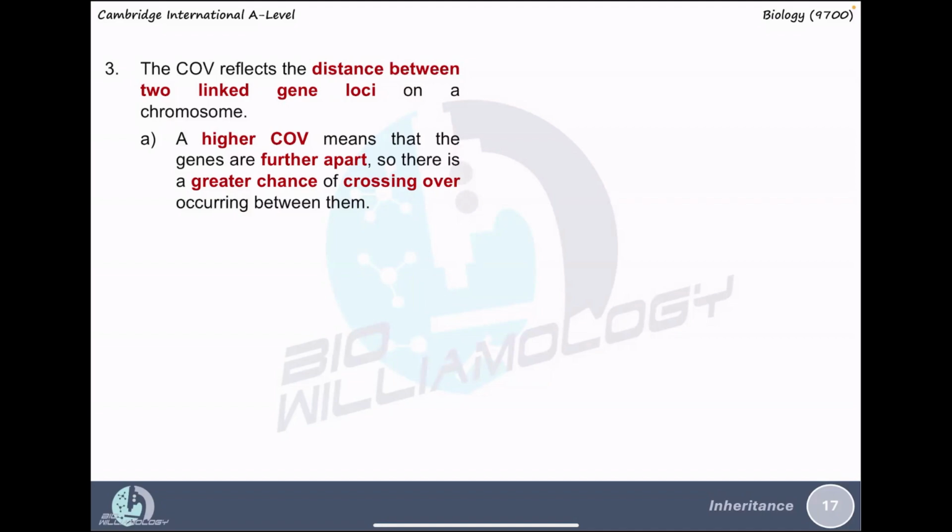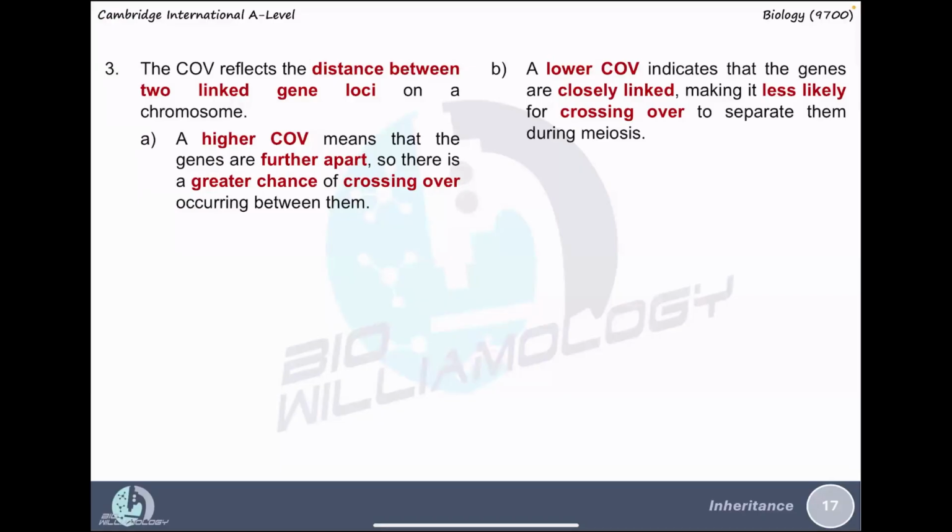So the idea here is similar: a higher crossing over value indicates that these two genes are far away. On the other hand, a lower crossing over value indicates that the genes are closely linked, making it less likely for crossing over to separate them during meiosis.